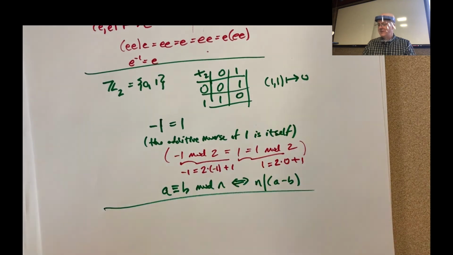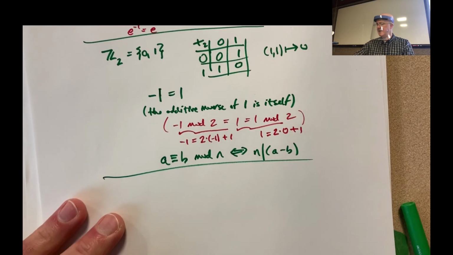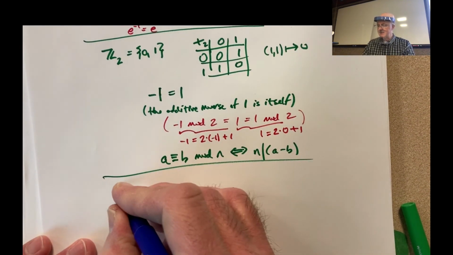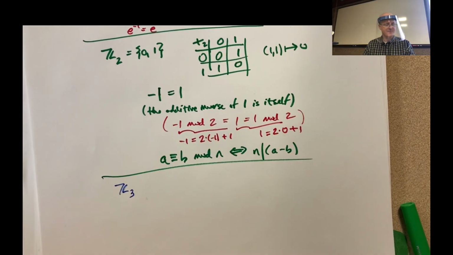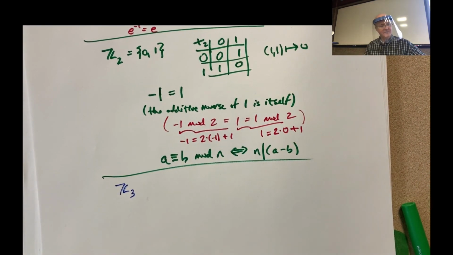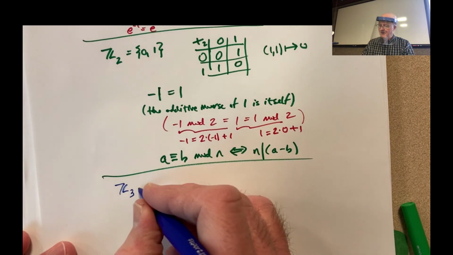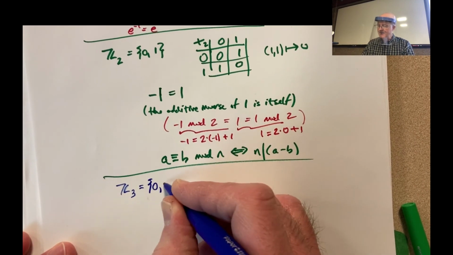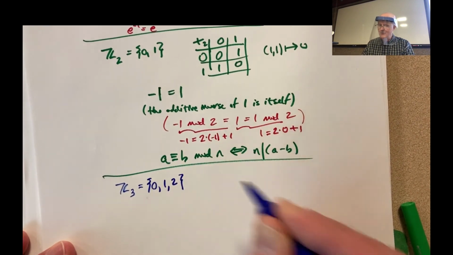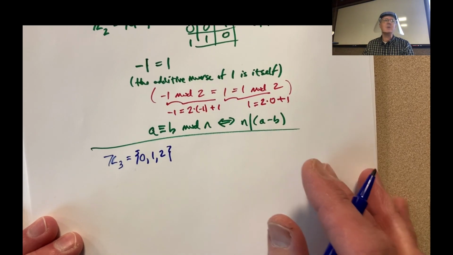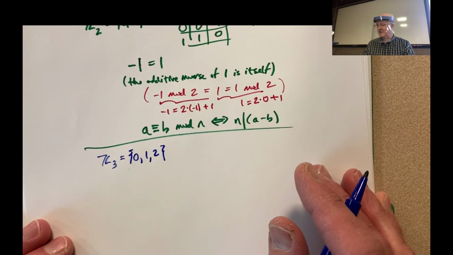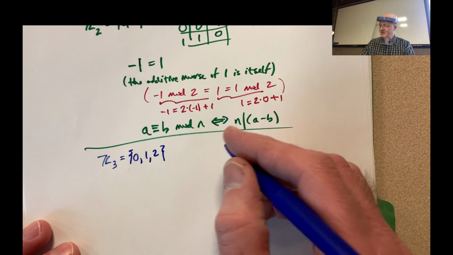All right, why don't you take some time now to fill in the Cayley table for Z3, addition mod 3, whose elements are 0, 1, and 2, and identify the inverse of each element, the additive inverse.